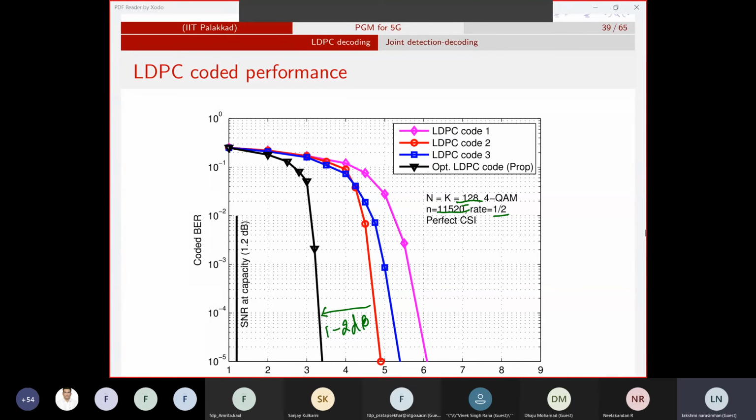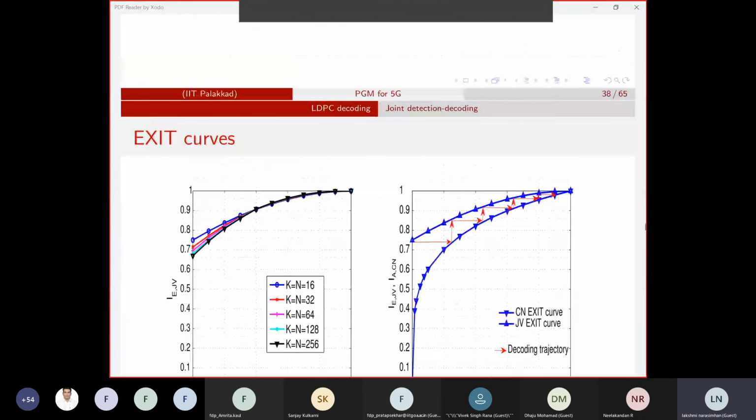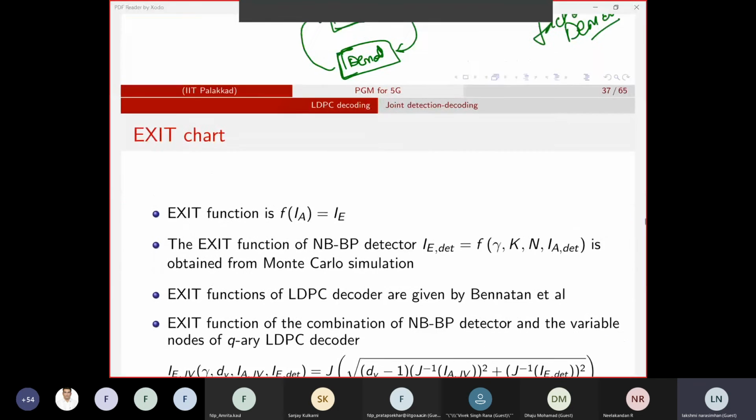When you apply this joint decoding, you get more than 1 dB, roughly 1.6 or 1.7 dB difference in performance. And it goes very close to the theoretical minimum capacity that is possible at this particular hardware resource.